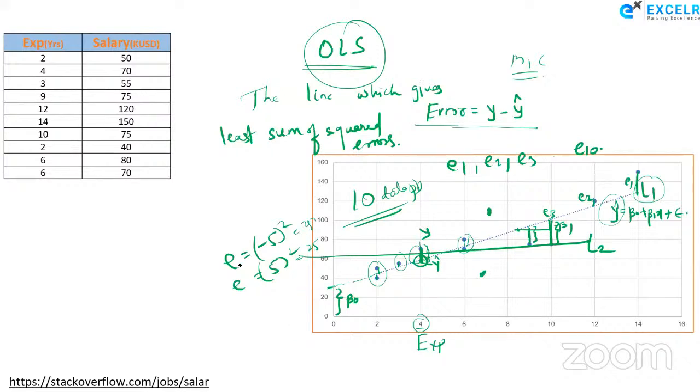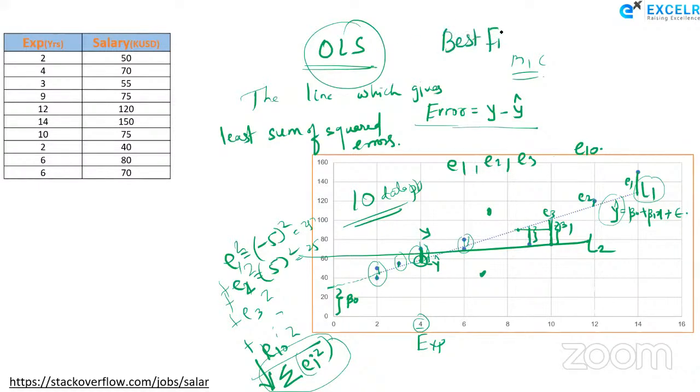So likewise, this is for E1, this is for E2, E3. I'm going to take all 10 errors, square them up and take a summation of all of them. So the line which gives me the least sum of squared errors, whichever line gives me the least value for this, is going to be my best fit line.